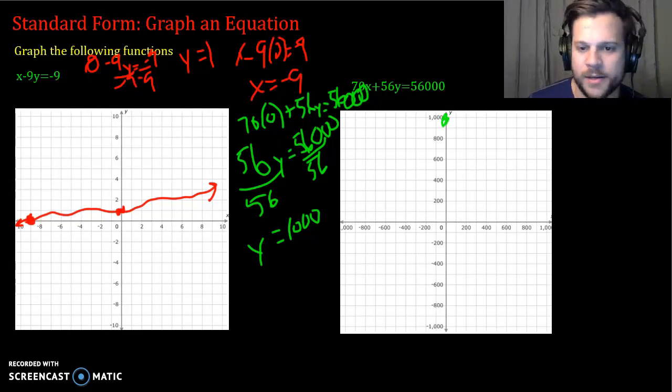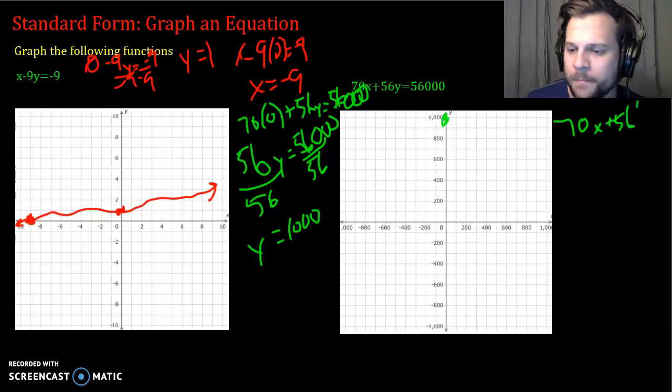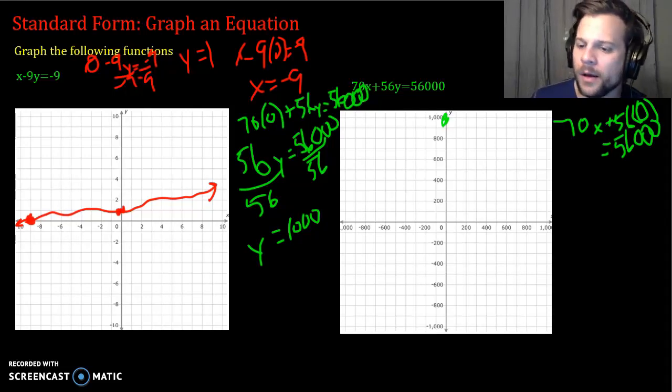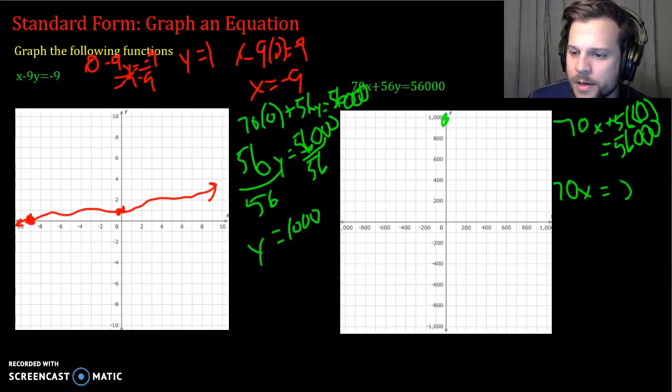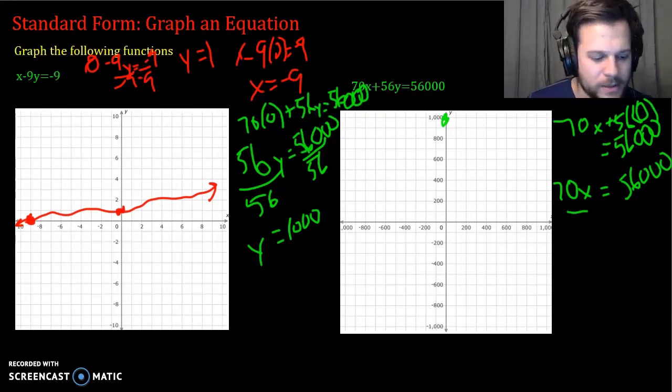Now we're going to do the exact same thing, but instead plug 0 in for our y. I'm running out of room with this, but hopefully you can read it. 0 cancels that out, so 70x equals 56,000. So we're going to divide both sides by 70.